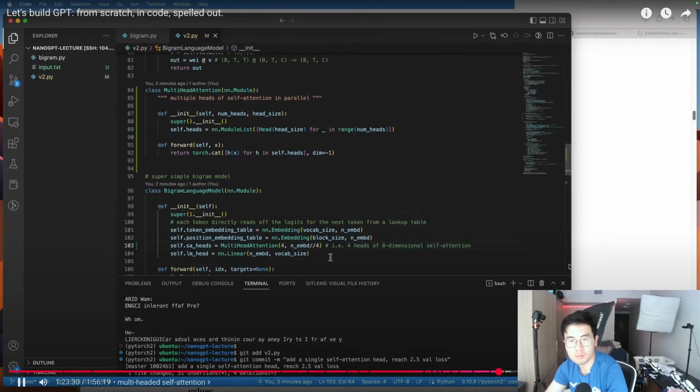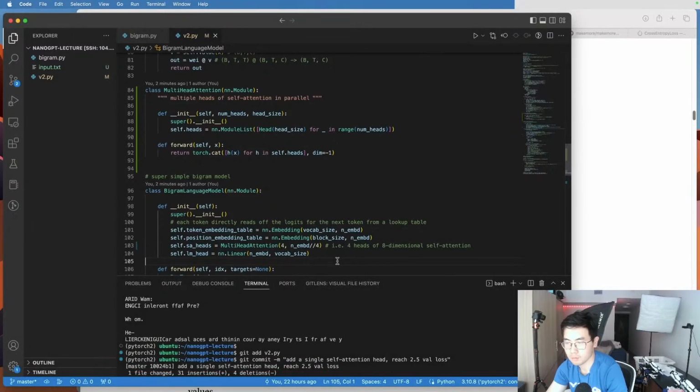This is similar to a group convolution, if you're familiar with convolutions, because instead of having one large convolution, we do convolution in groups, and that's multi-headed self-attention.